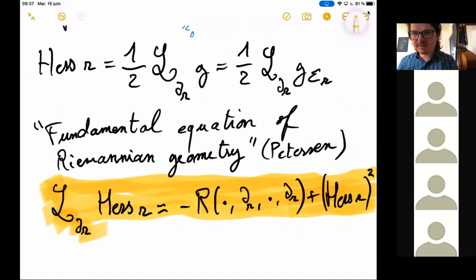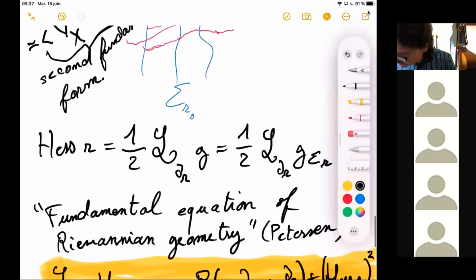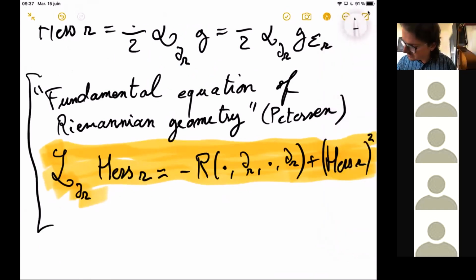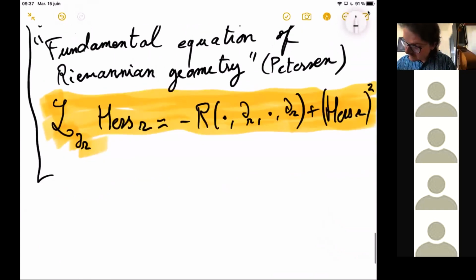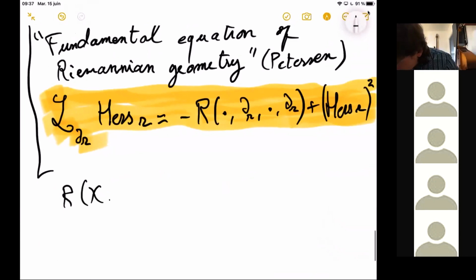So maybe let's talk a little bit about, and we will quickly prove that. But first, let's talk about what's involved. What is my definition of the 4-0 Riemann curvature tensor?